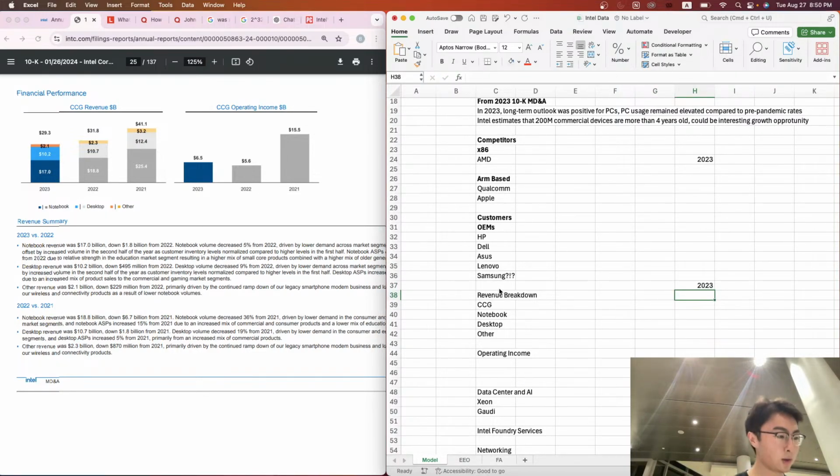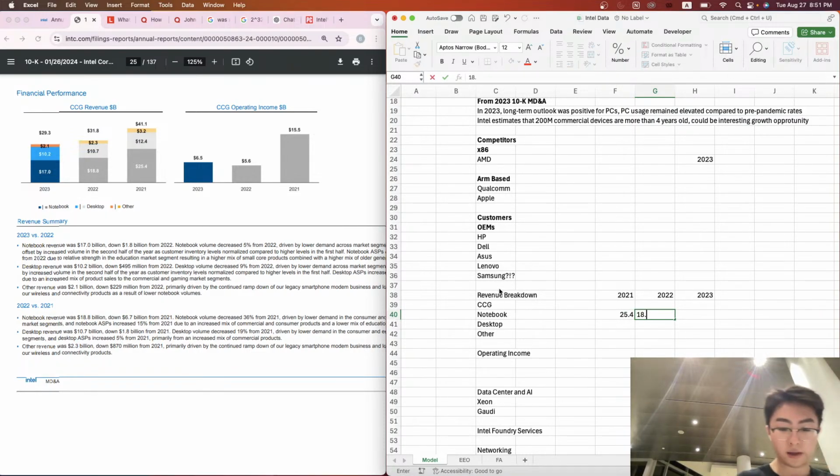Okay, revenue breakdown. So client compute group, 2023, 2022 and 2021. So there were that year 25.4, 18.8, and then 17. So you do see a big decline there. It seems like a year-over-year decline.